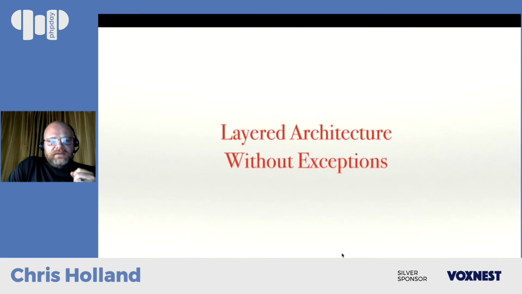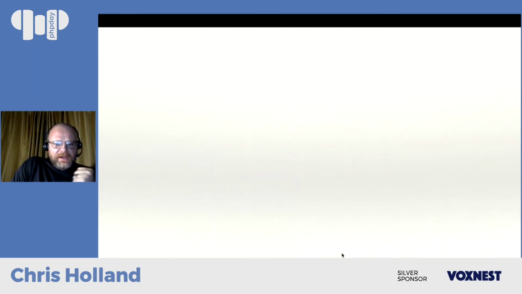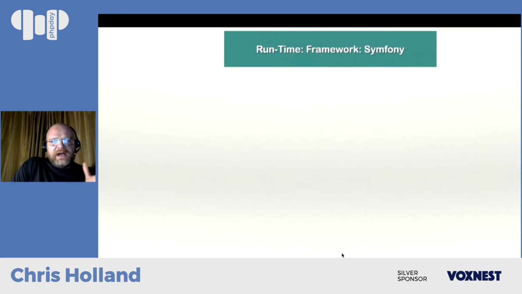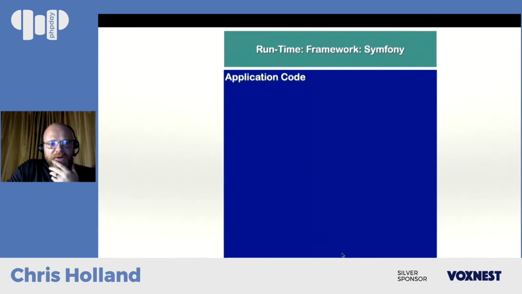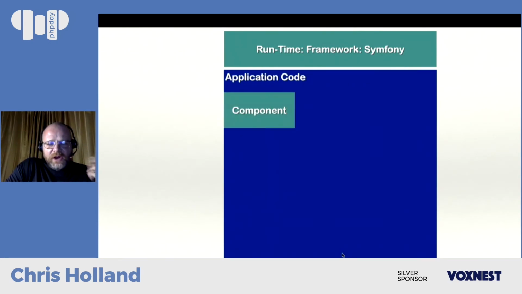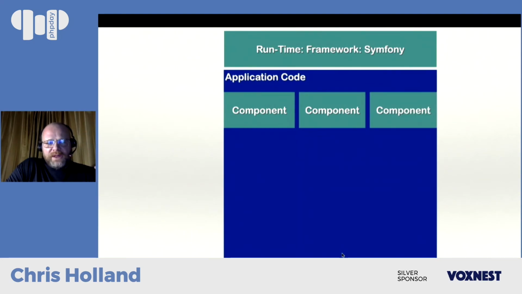I want to look at working in a layered architecture without exceptions. Without exceptions, you could have your runtime, like your framework, right? It could be Symfony. This is the thing closest to your end user. That's where all your requests are going to come. Below it, you have your application code, which could be made of any number of components.